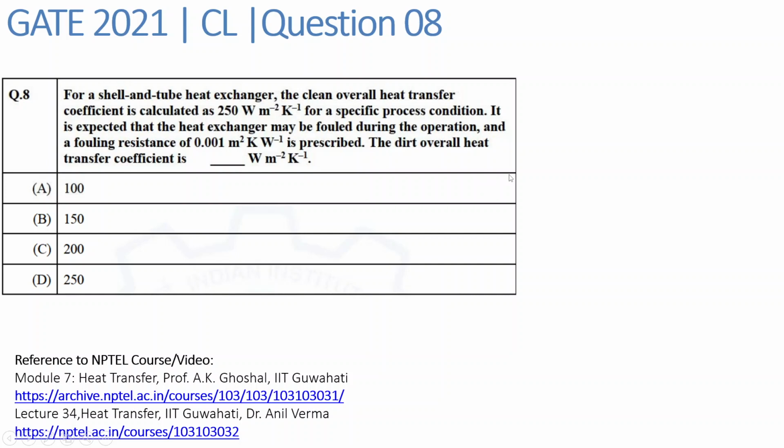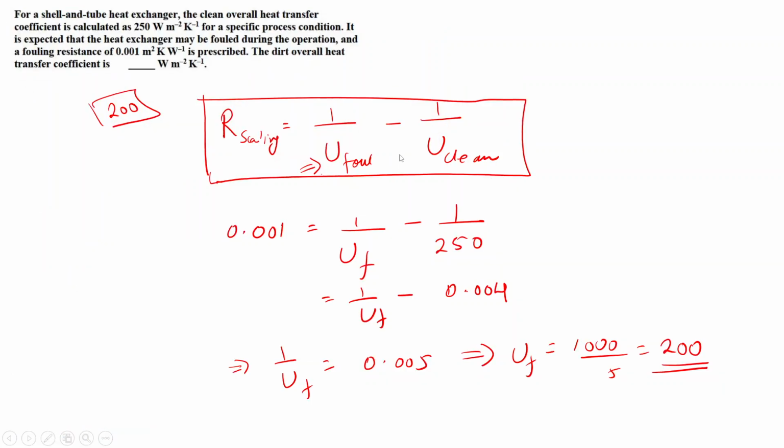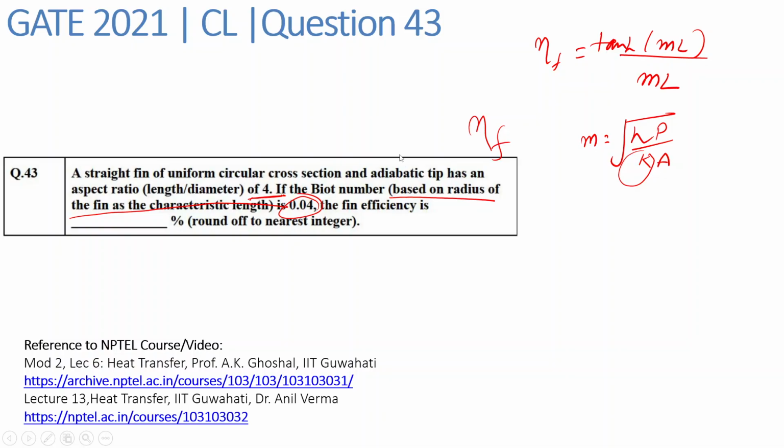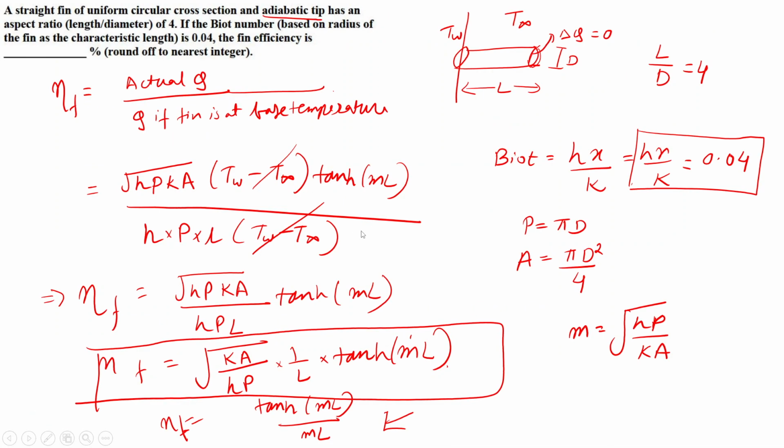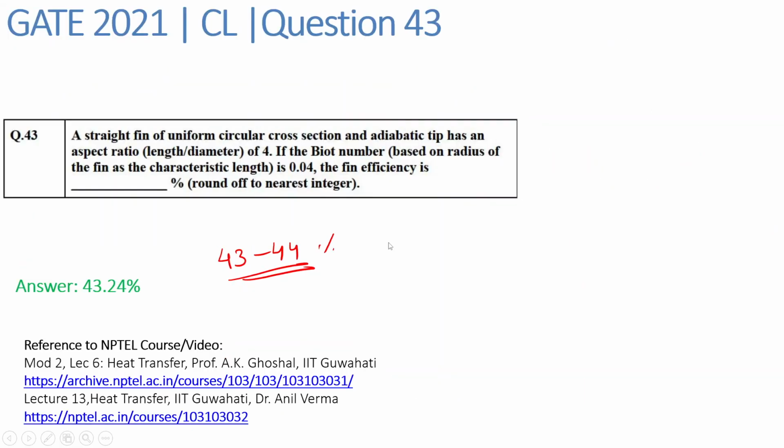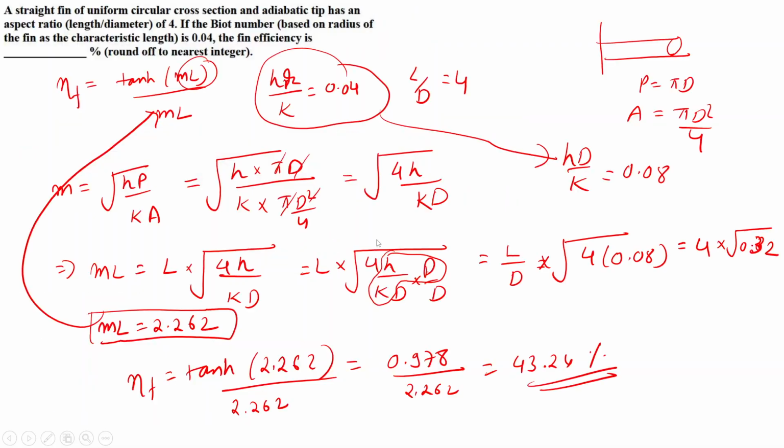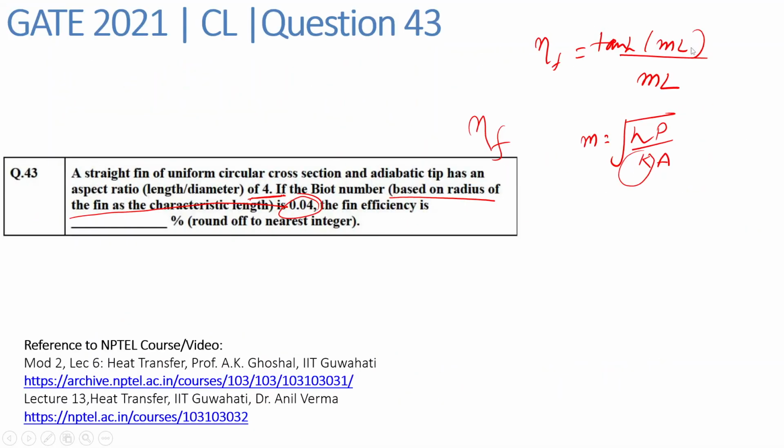This was a straightforward equation to be used. In the third question, we had to find the fin efficiency for a fin with circular cross section. You can just remember this formula for fin efficiency as tanh(ml) upon ml.